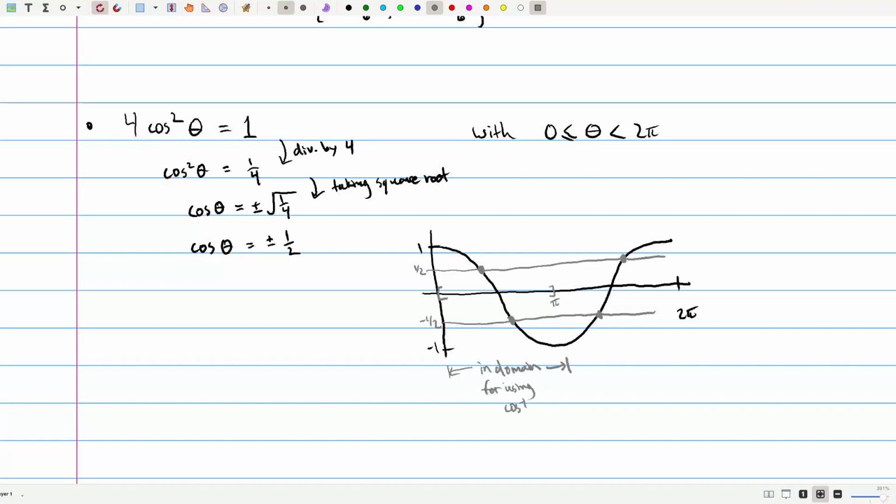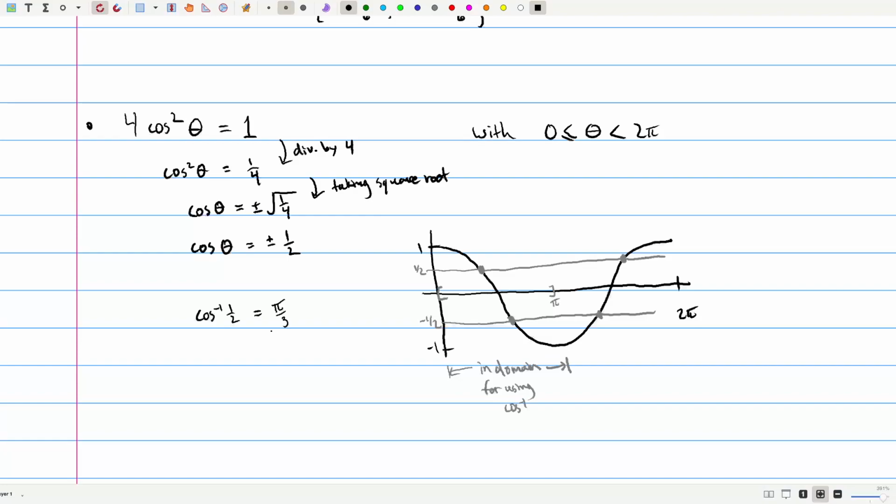So let's see. Cosine inverse of 1/2. How do we find that? Well, we can look at a table. For me, I'm having to talk and explain what I'm doing all at the same time. But okay, so this should be pi over 3.